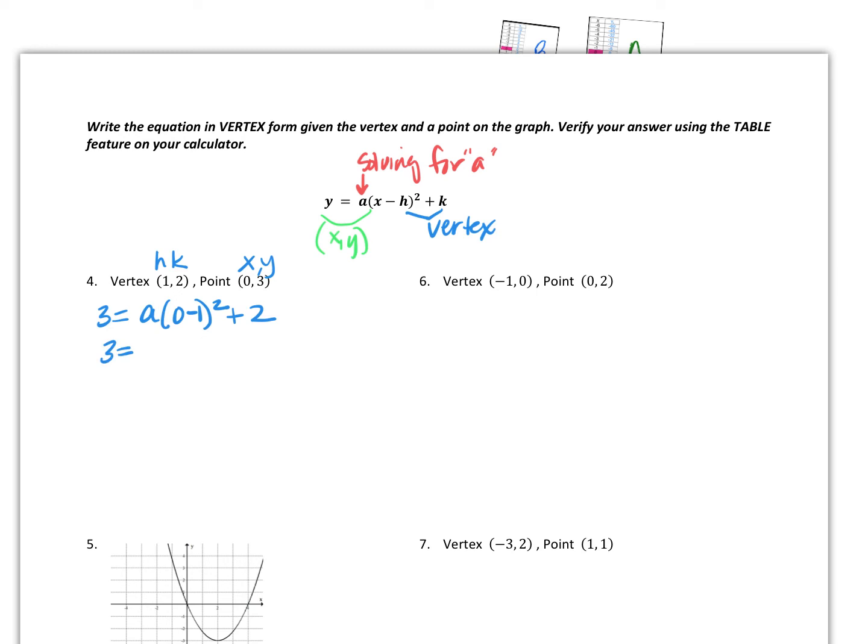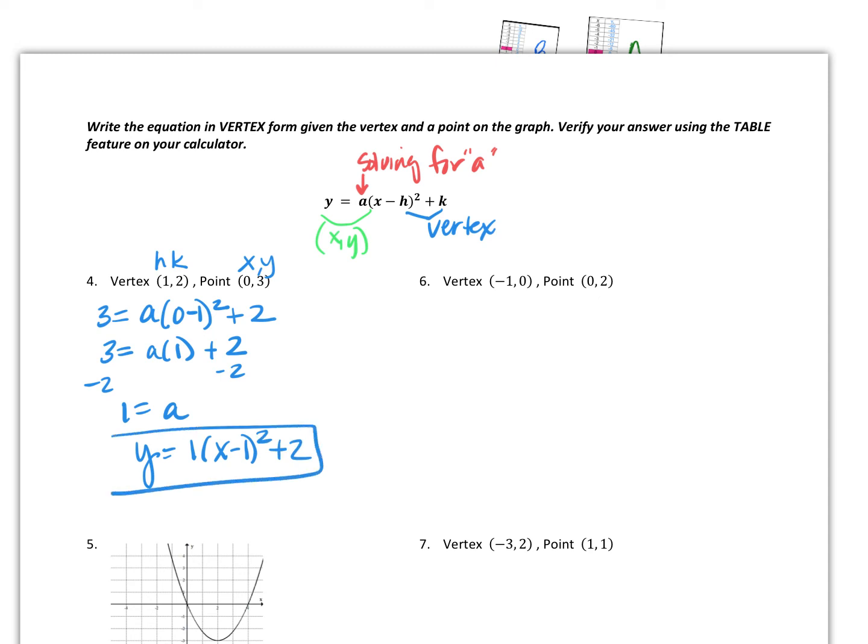So 3 equals a times negative 1 squared, which is 1, plus 2, so that's just 1a. If I subtract 2 from both sides, I get 1 equals a. So the equation should look like this: y equals 1 times x minus 1 squared plus 2. I can write the 1 or I don't have to. This is what I predict my equation to be.